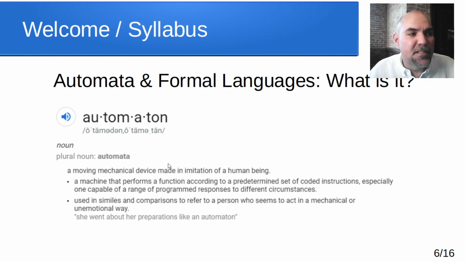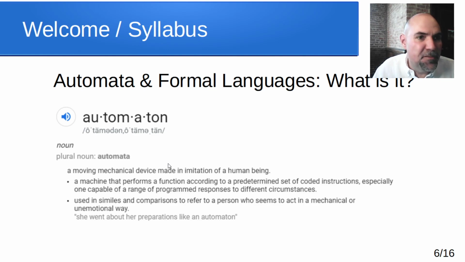Those aren't exactly the definition we're going to use in this class, but it does convey something. It's a machine that moves in a mechanical way, or also a person who acts like one of those machines. If somebody is an automaton, they're kind of like a robot that has a pre-programmed way of doing and going about things.